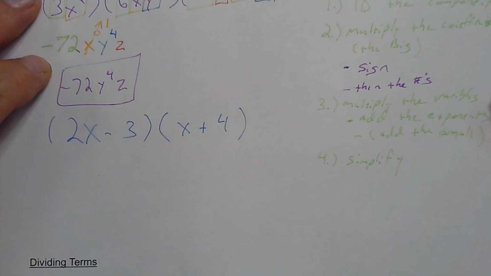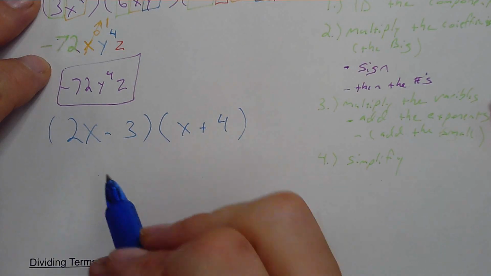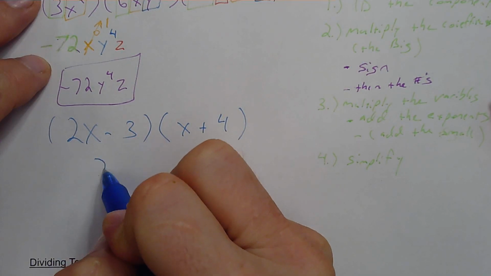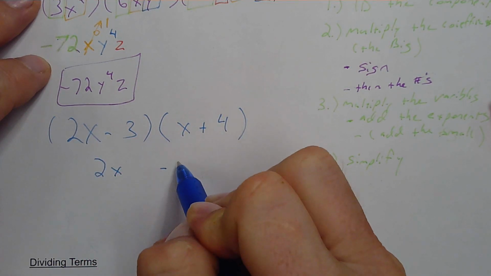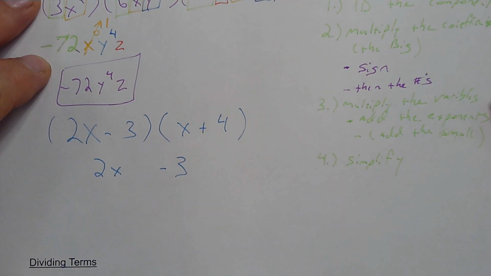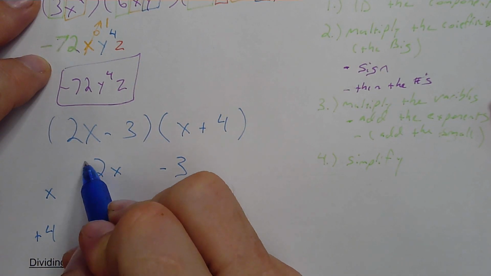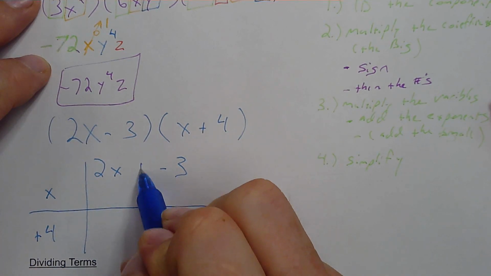First thing, take this and rewrite it with a space, 2x minus 3. Then take this and rewrite it, x plus 4, like that. Now make yourself a little table like that.